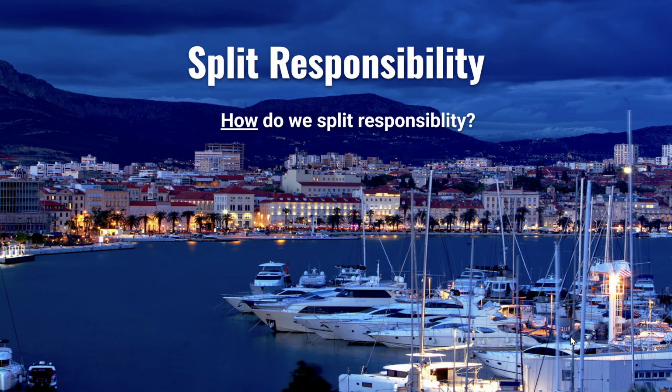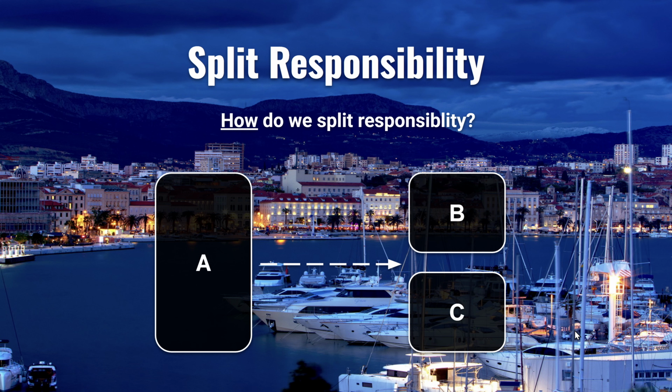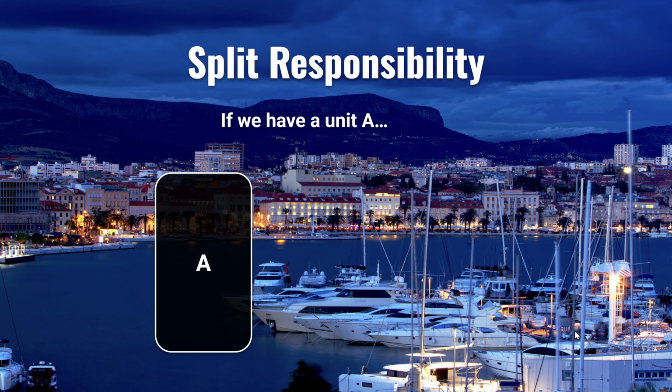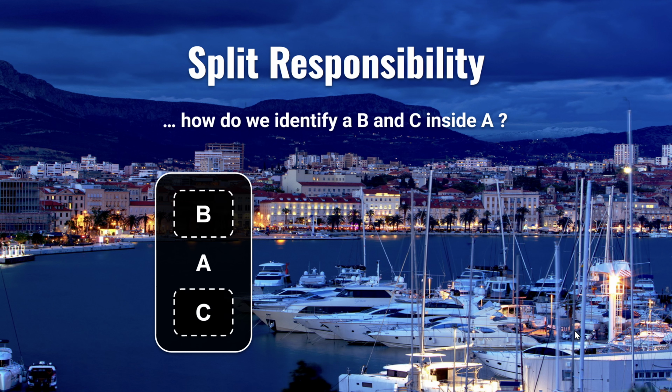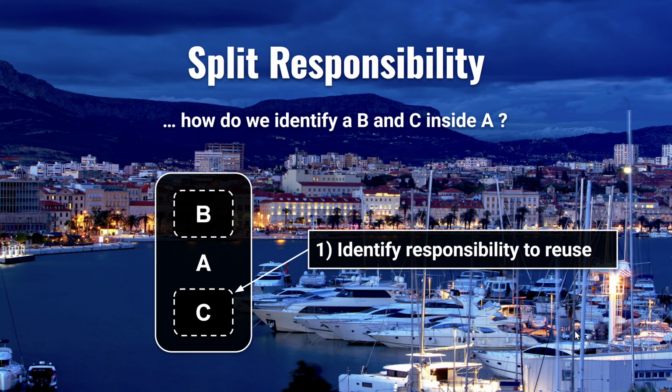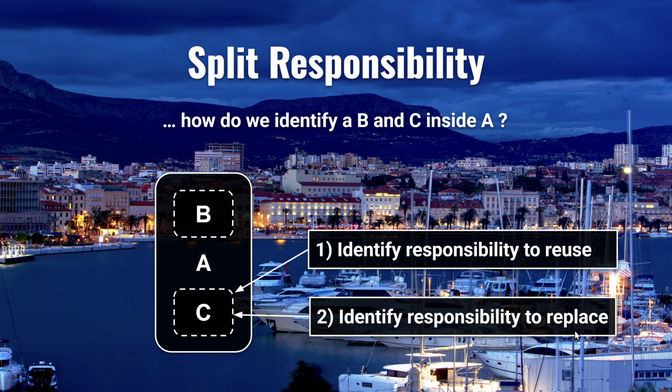So, how do we split responsibility? How do we split a unit A into a unit B and C? In other words, if we have a unit A, how do we identify a B and a C inside of A? Meaning, how do we identify responsibility to reuse or identify responsibility to replace?